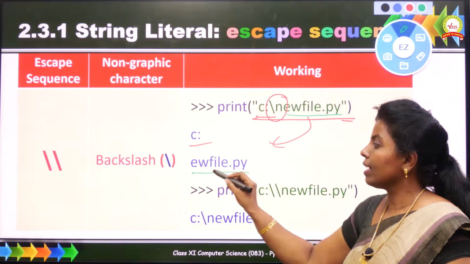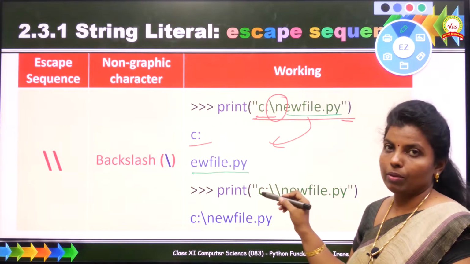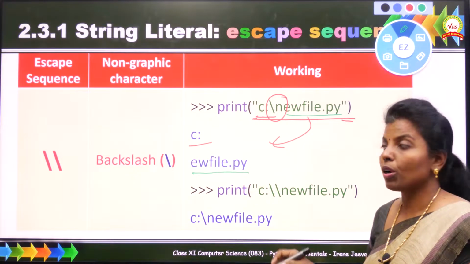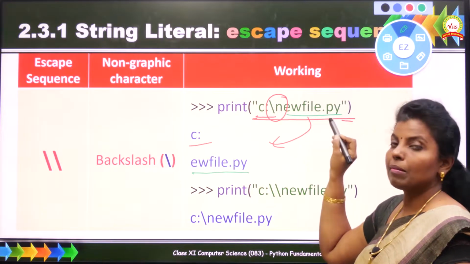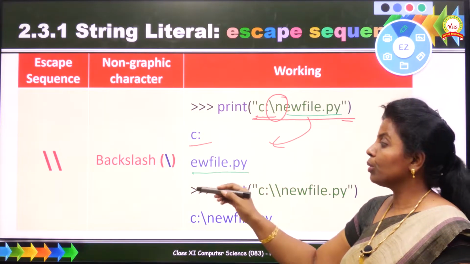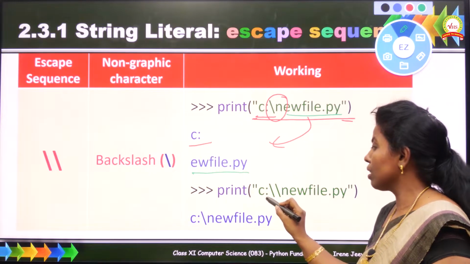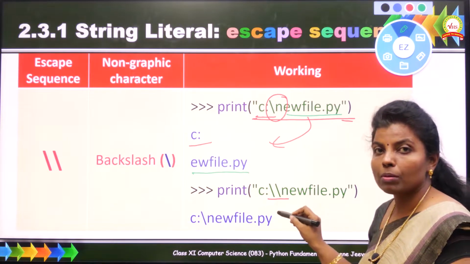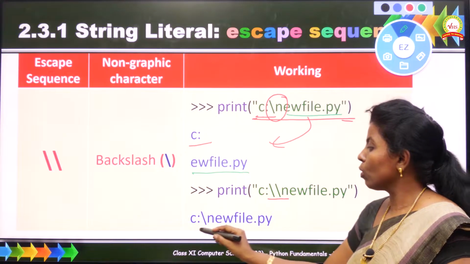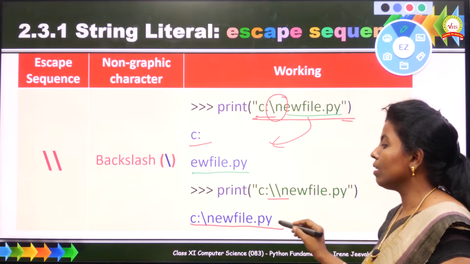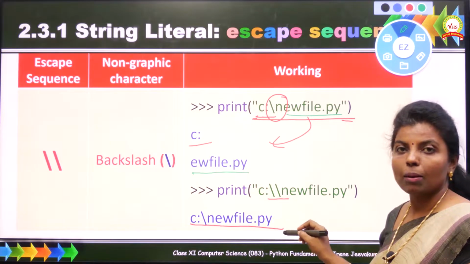That's why you can see ew_file.py has been printed in the next line. But if I wanted to print this path name as it is, what should I do? In place of this one single backslash, I have to use double backslash. I have used double backslash over here. So I have got the answer as C:\new_file.py.